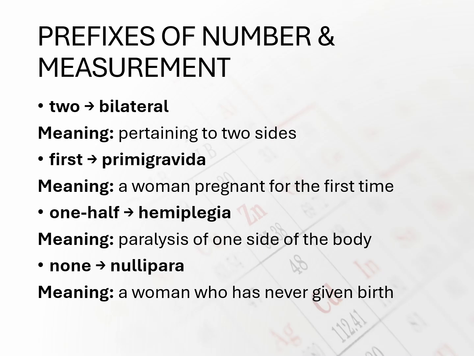Here are some examples. Bilateral, meaning pertaining to 2 sides. Primigravida, which is a woman pregnant for the first time. Hemiplegia, which is paralysis on one side of the body. And nullipara, which is a woman who has never given birth.